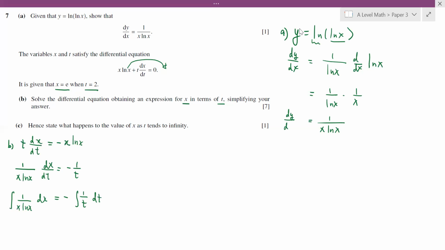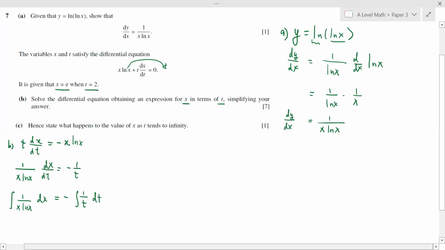Now, we are given that dy/dx is 1 over x ln x, meaning that when we integrate 1 over x ln x, that will give us ln of ln x from part A. So from part A, the left side is ln of ln x. And we keep the constant of integration and leave it on the right side. No point writing it twice. On the right side, this is negative ln of the absolute value of t plus the constant of integration.